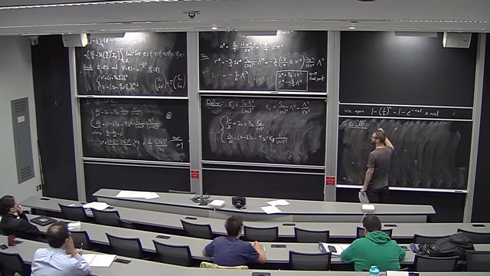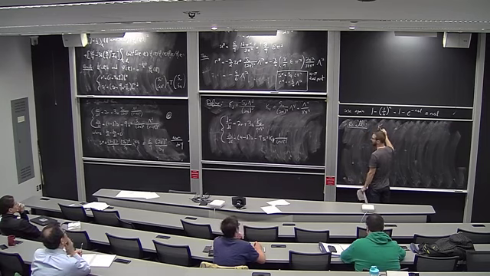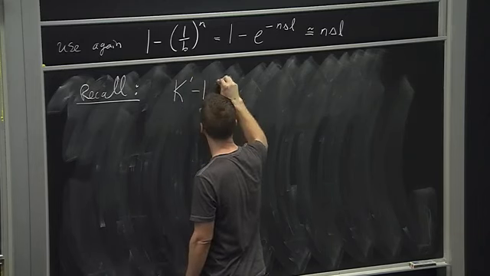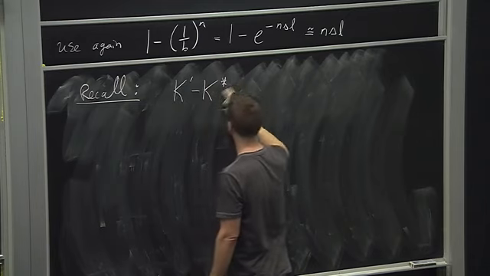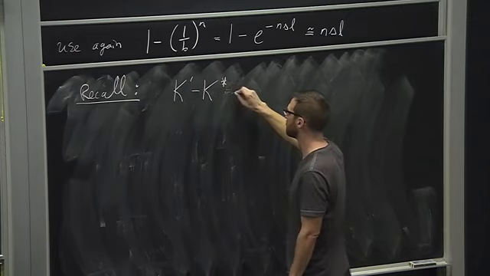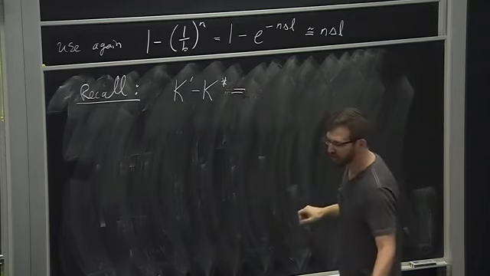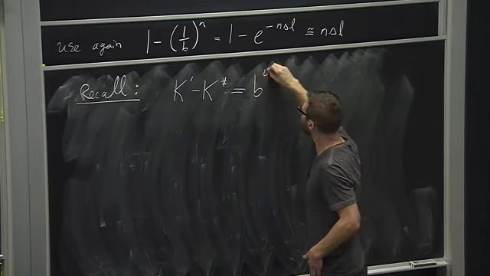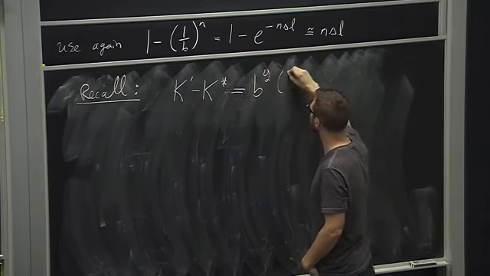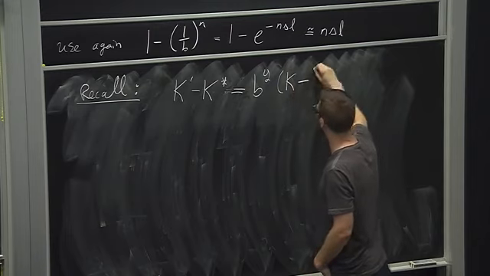I had some parameters, so let me keep it general. Remember, call them K. I have an equation that's like K minus K star. That's like my delta K. And then I have a scaling dimension defined like this. And this is just K minus K star.